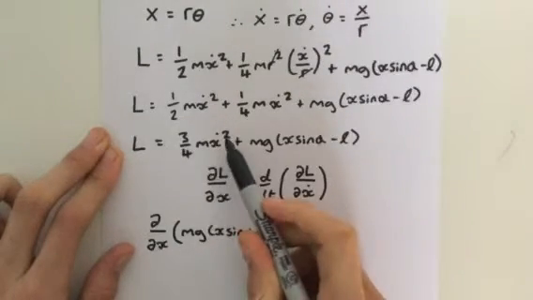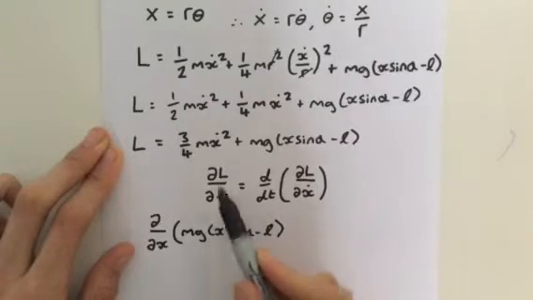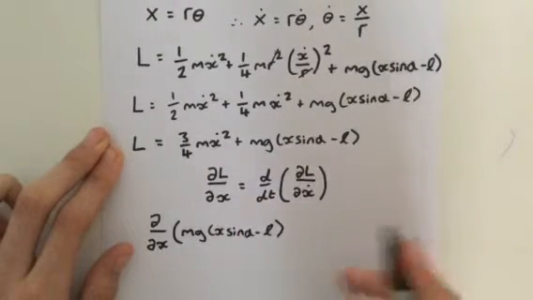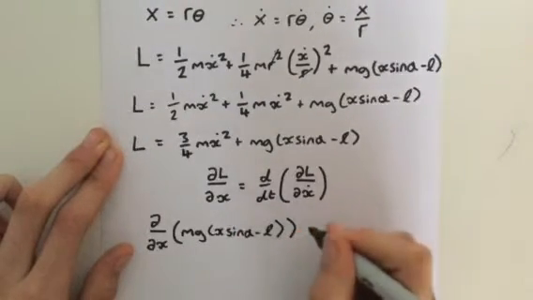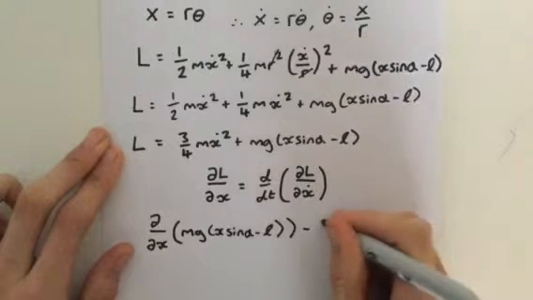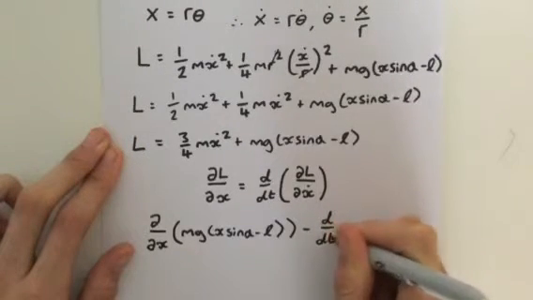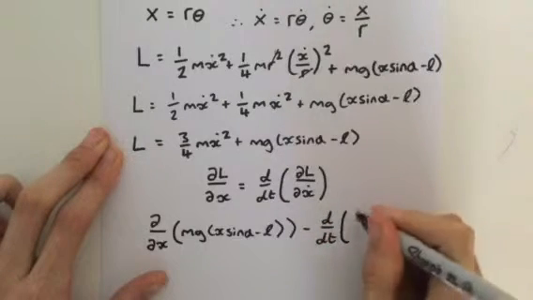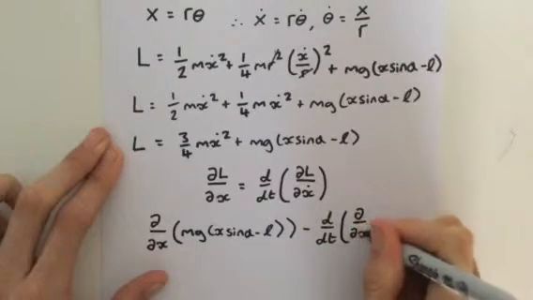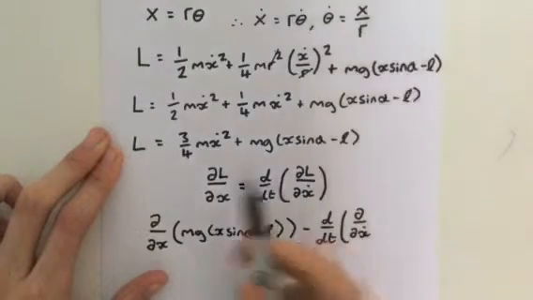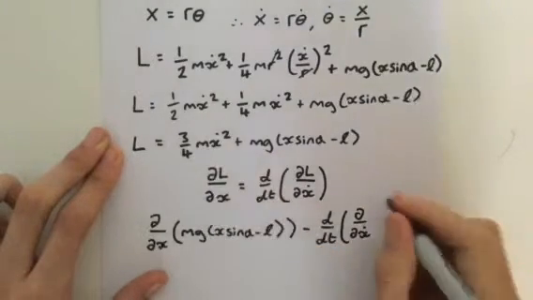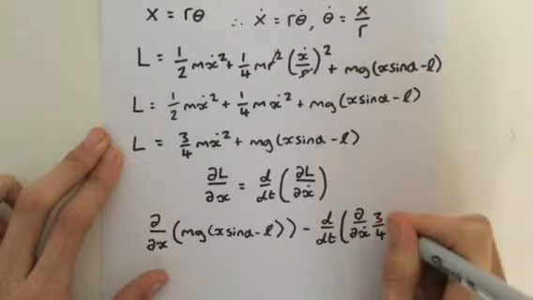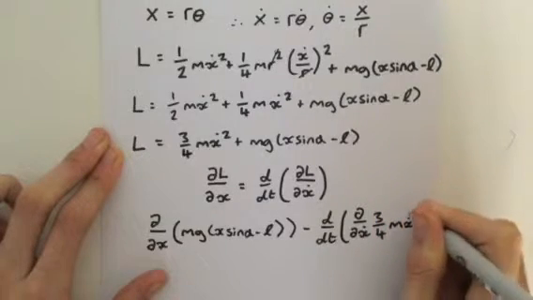We want to involve x, not x dot. I'm going to minus the rate of change of dL by dx dot. So d by dx dot of what? It's just going to be 3/4 mx dot squared.